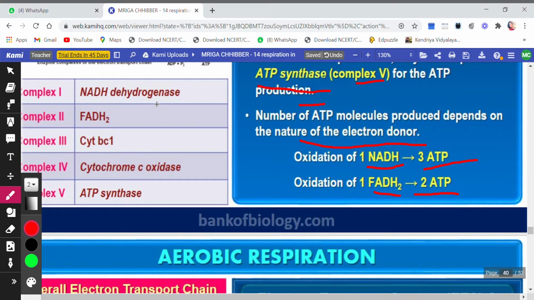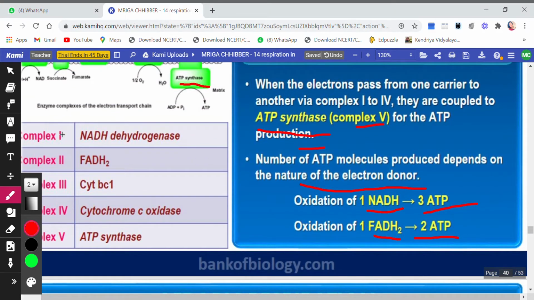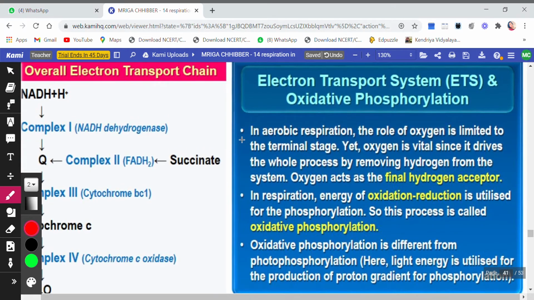So these are the various enzymes that are used here. In complex 1, NADH dehydrogenase; in complex 2, FADH2; complex 3 is cytochrome bc1; then cytochrome C oxidase; and the last one, complex 5, is ATP synthase. So all these are the various steps. They have shown the overall ETS transport here.